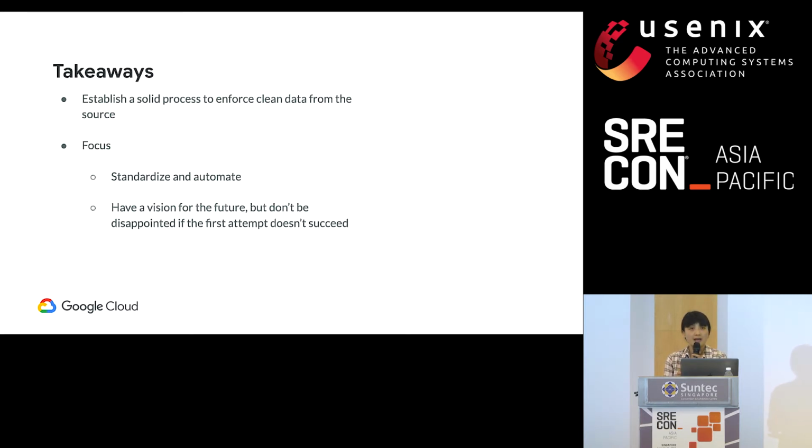And what we have done really well is we didn't spend much time on the infrastructure itself. We used the simplest infrastructure, and we did our best to focus on the data.